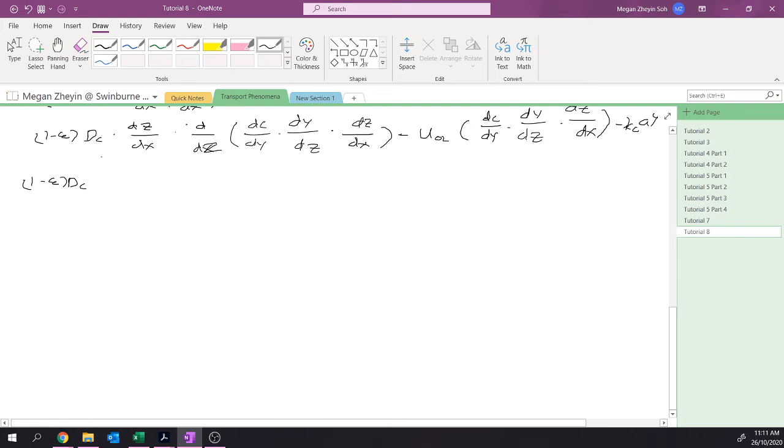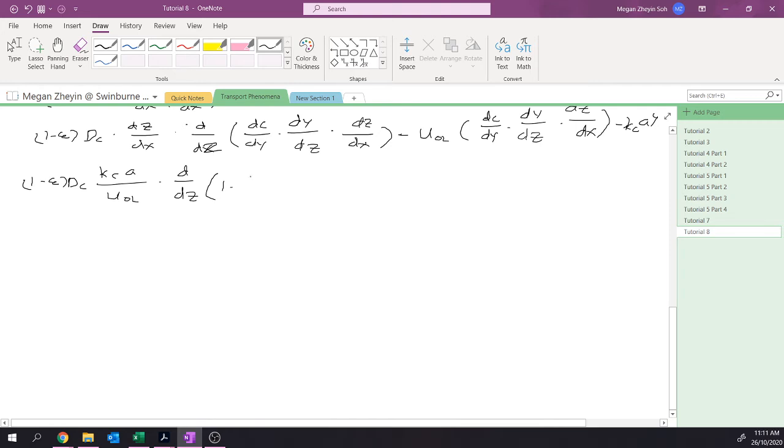So this one is kc a over uol, right? The one that we derived, multiplied by d dz, multiplied by, so this is equal to 1, and this one we keep, and this one is kca over uol.